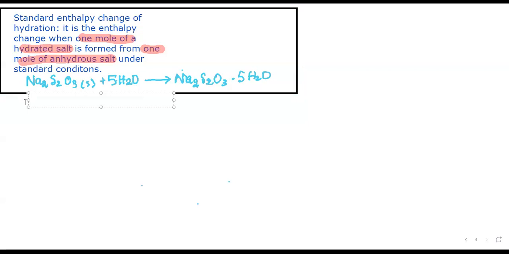Another important definition that you have to know is your enthalpy change of formation. What is enthalpy change of formation?